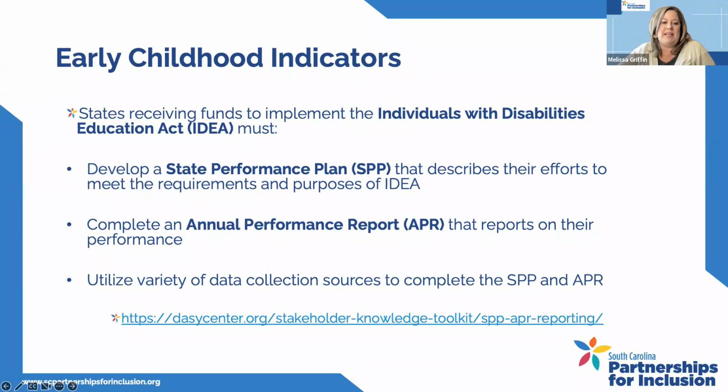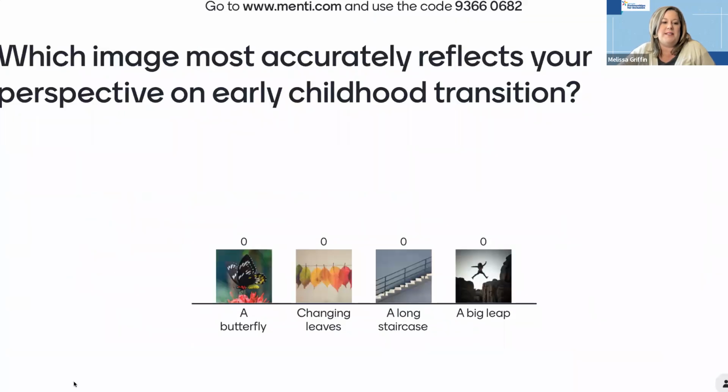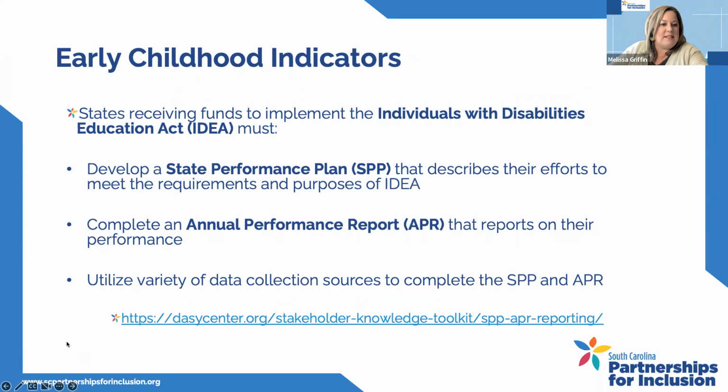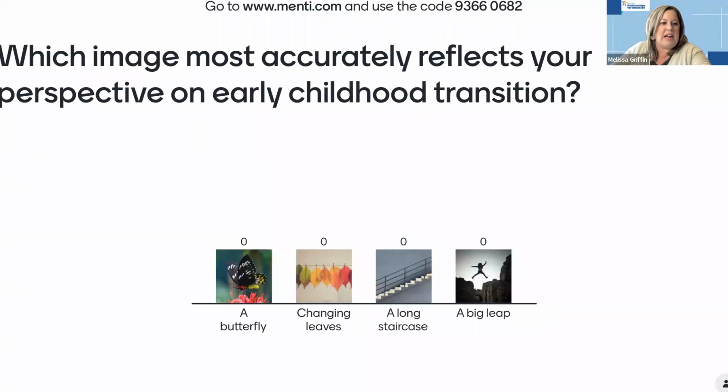Oops, sorry, let me get that voting piece up there. Where is it at? Sorry, guys. If you go up to the top and go to menti.com and use the code 93660682, you'll be able to access that. It's not wanting to show me the link here.